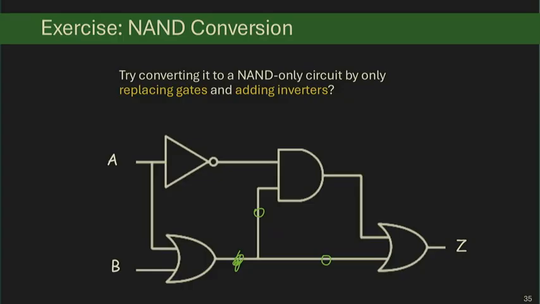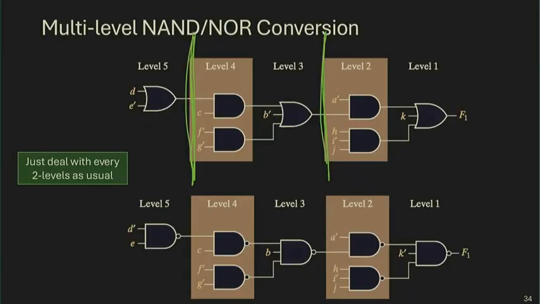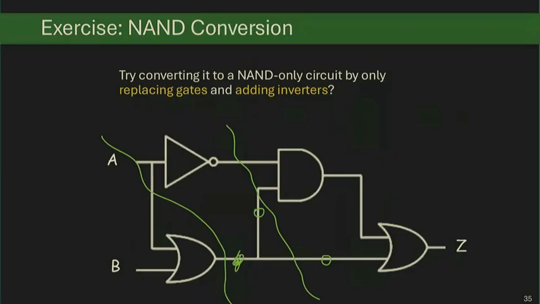I think it's easier if you think of this as a 2-level sum of product form. Think of this as a separate circuit, another 2 levels, in that 5-level example. Think of that as a standalone OR gate and handle it by itself. And then handle these 2 using the regular 2-level conversion rule.